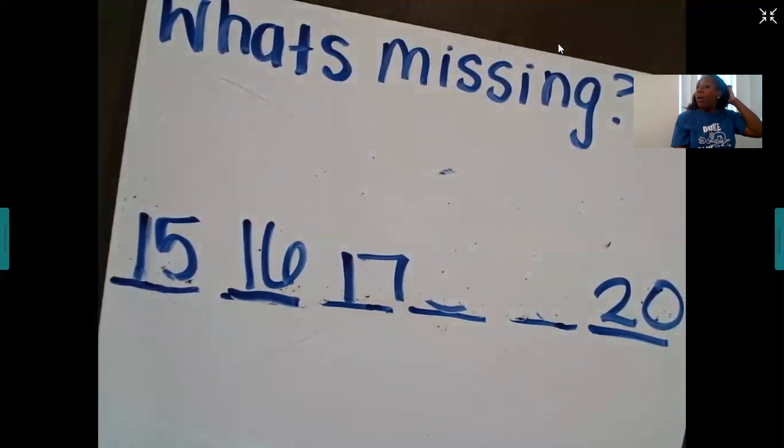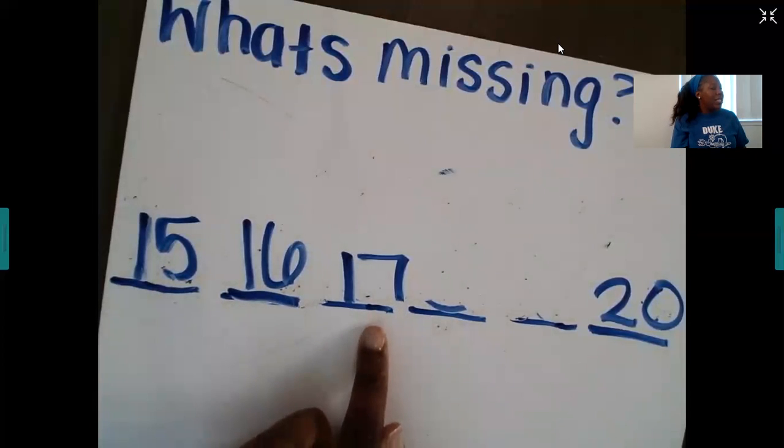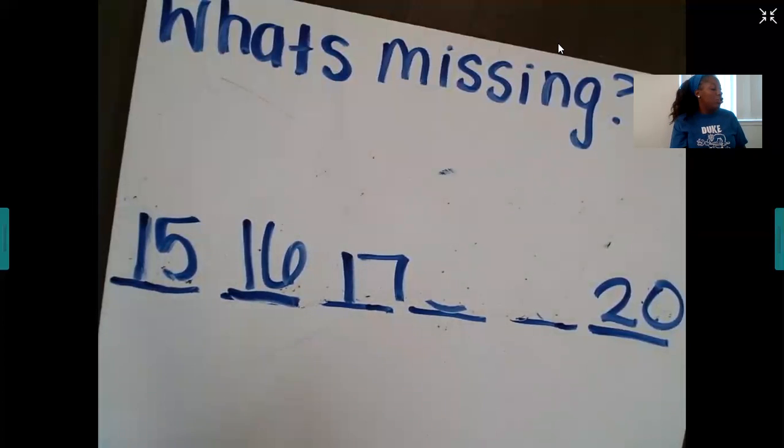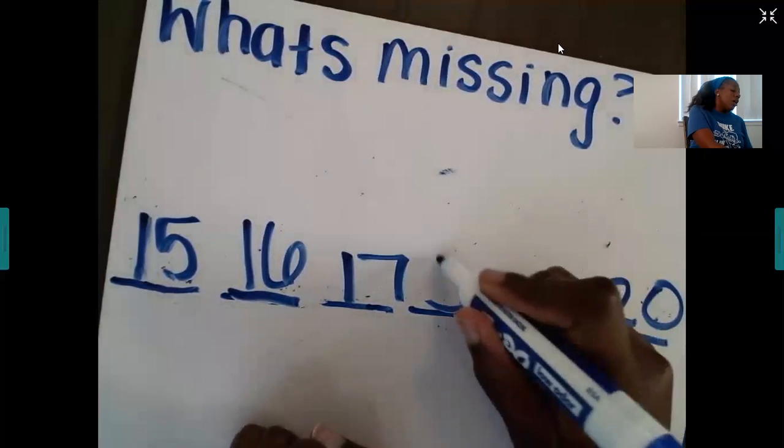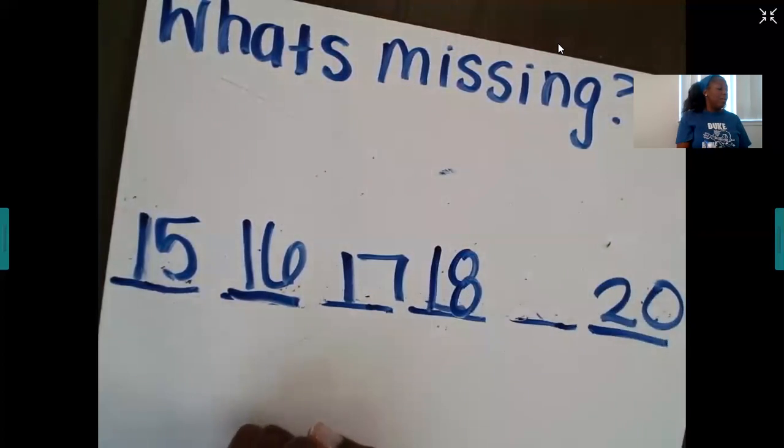Let's go back and count if you cannot think about it or remember. Sometimes it's okay to start at the beginning and count up until you know. That's a strategy. So if you're at 17 and you don't know what comes next, start back at the beginning and count, because you can go 15, 16, 17, 18.